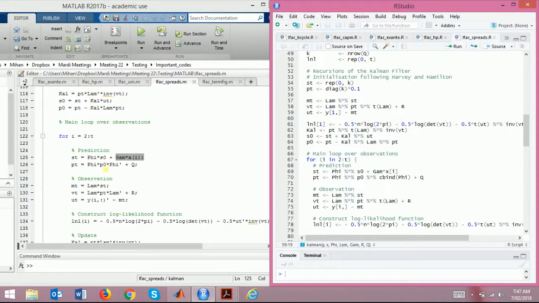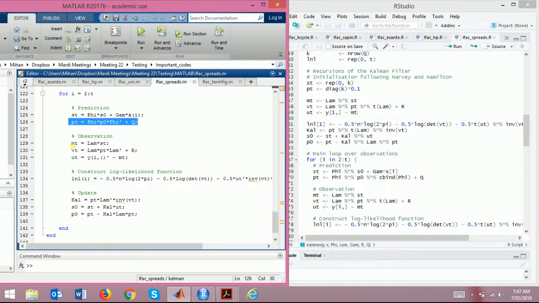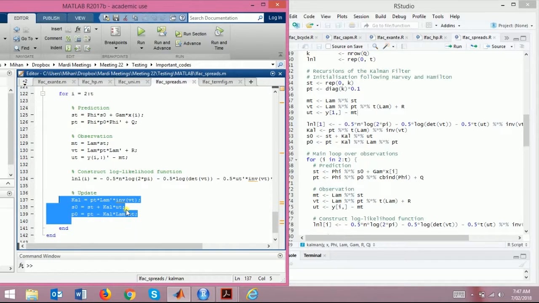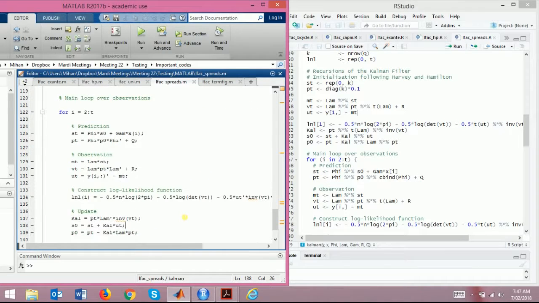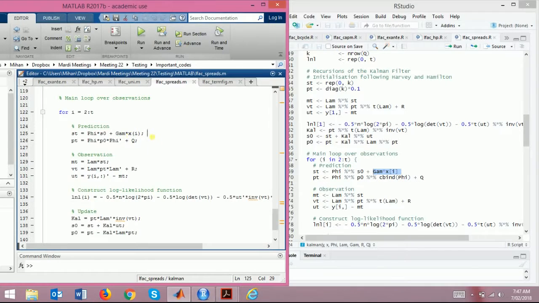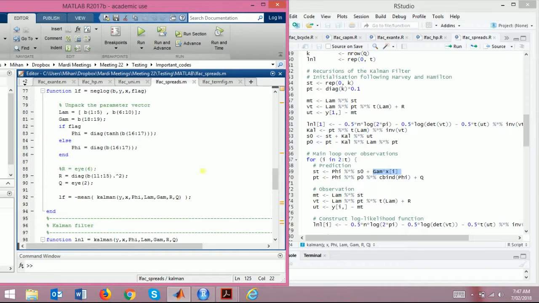Then the variance is as it is, phi squared P0 plus Q. Then we update our observation, log likelihood function, and updating. So Kalman algorithm with a little bit of change, which is this part, the exogenous term, which will go into S just once.